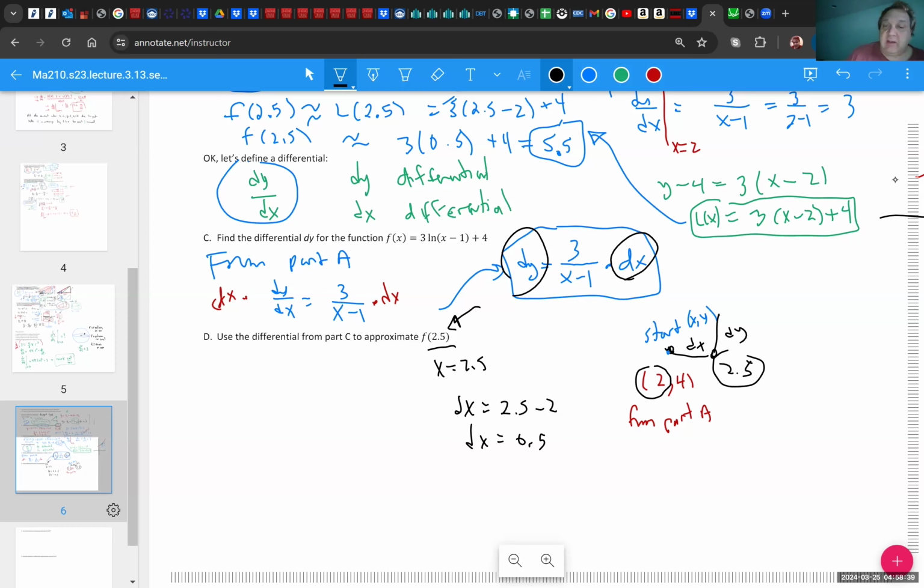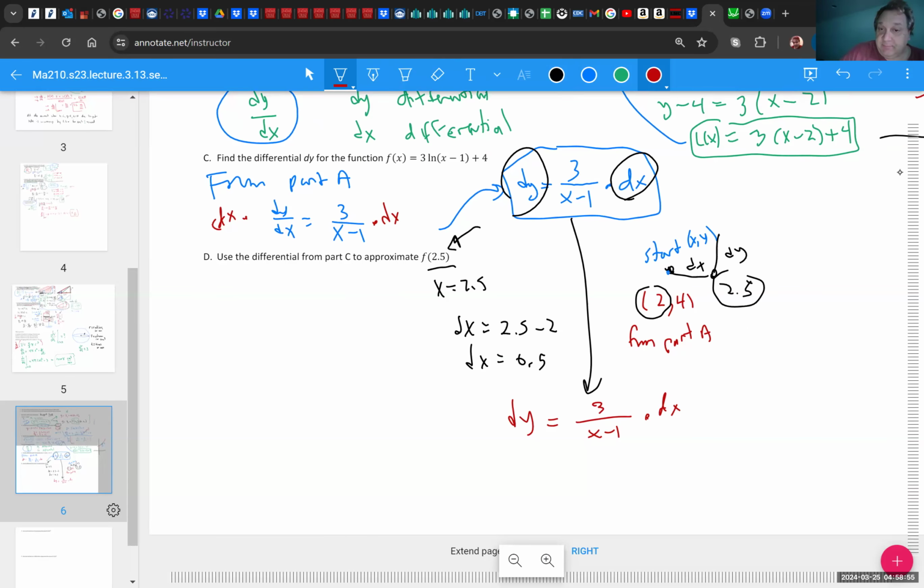How do we find dy? Well, we have a formula for dy. Our formula says that dy is equal to 3 over x minus 1 times dx. We know what dx is, and we also know what x is. Our x value is 2, and our dx value is 0.5.